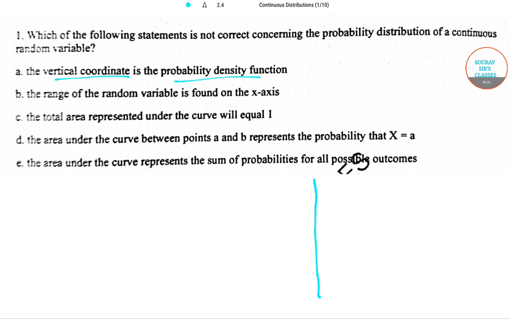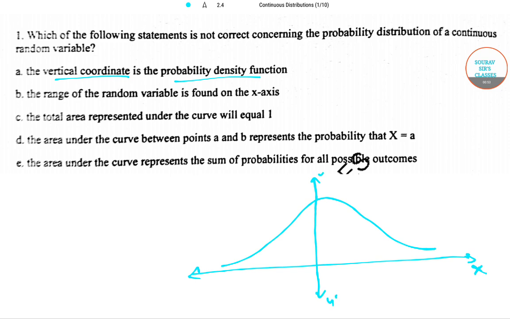So the graph is something similar to this. It's actually this. The lines may not be straight. Now the x-axis represents the range of the variable, whereas the y-axis represents the probability.